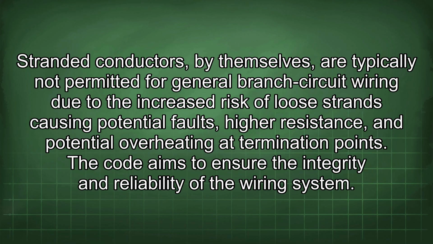Stranded conductors, by themselves, are typically not permitted for general branch circuit wiring due to the increased risk of loose strands causing potential faults, higher resistance, and potential overheating at termination points. The code aims to ensure the integrity and reliability of the wiring system.